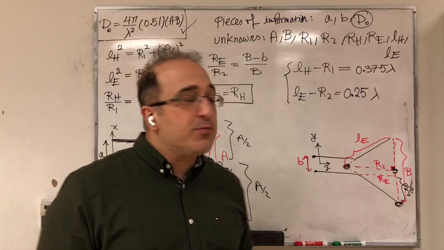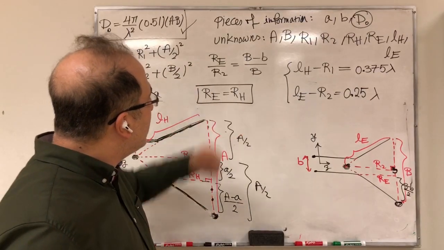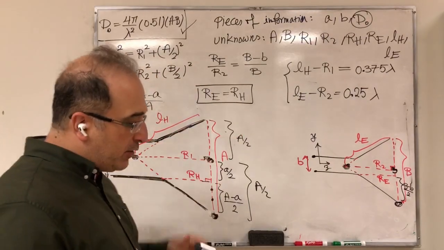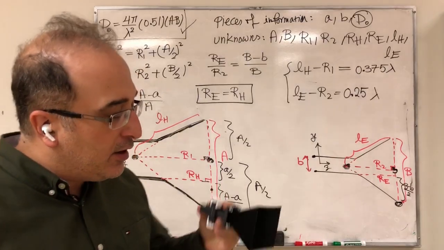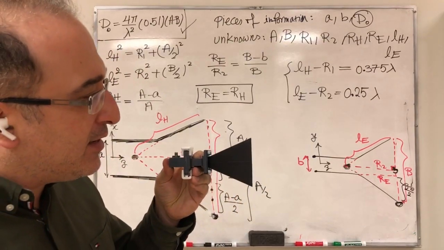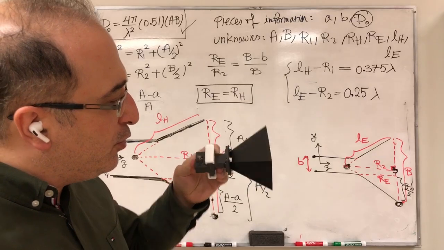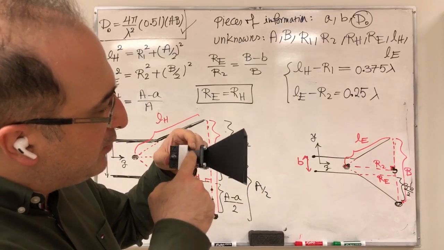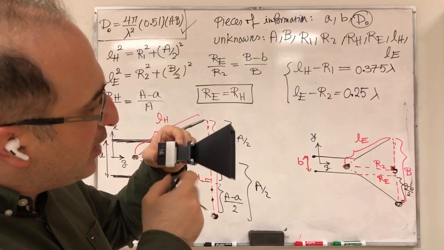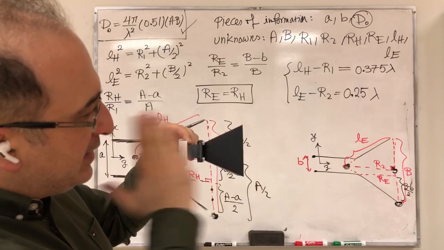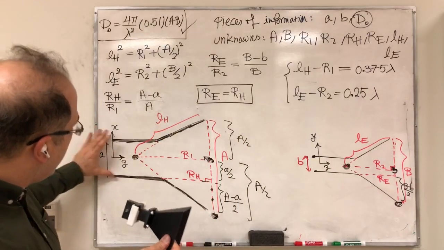Okay, I thought at this point, sometimes it's difficult to see that you need this for fabrication. I thought I'll just show it with the horn antenna. So this is the horn antenna that I have. If you look from this side, which is the wider side of the waveguide, you are on this plane, the H plane.